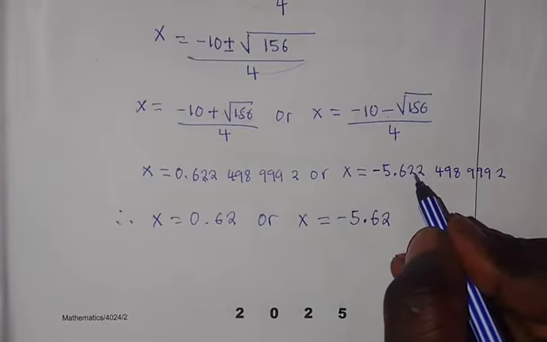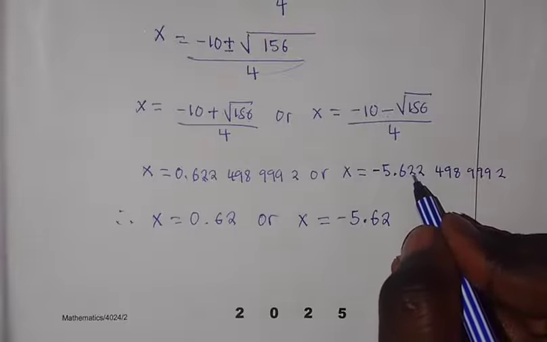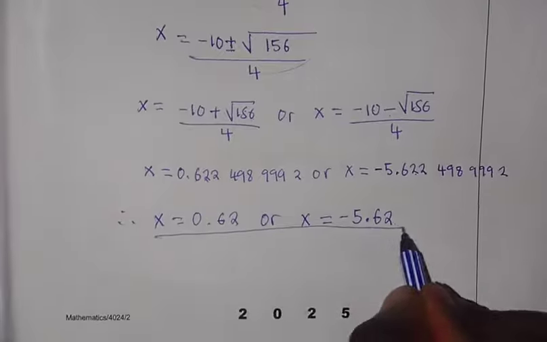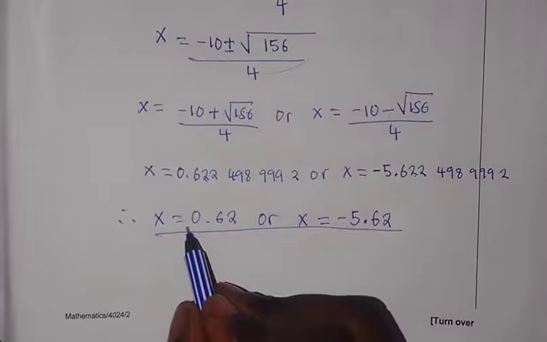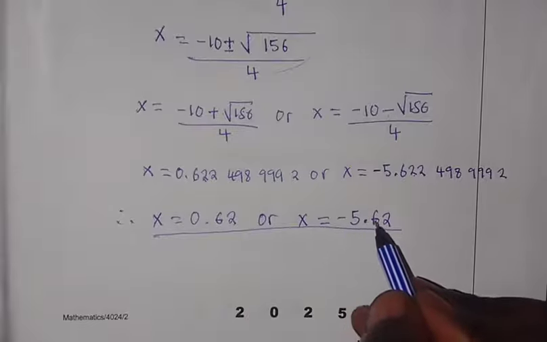So here the number which is coming after 2 is a 2, which is less than 5. So it's not going to round up these 2. The same thing here. So these are the values of x. x is equal to 0.62, or x is equal to negative 5.62.